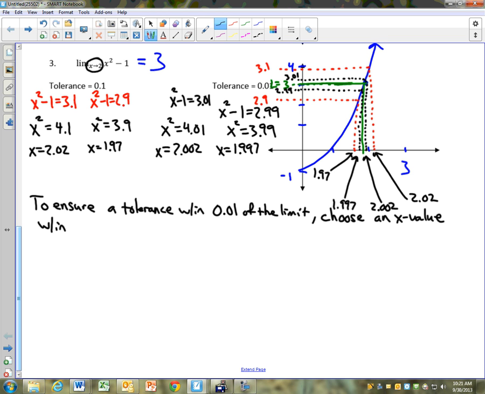Yeah, we got to choose a smaller one. Which one's smaller, 0.002 or 0.003? Yeah, so within 0.002 of x equals 2.